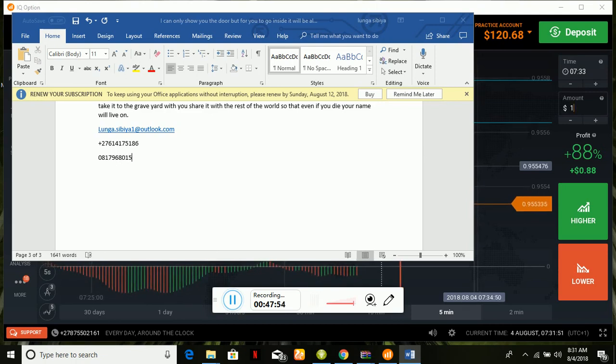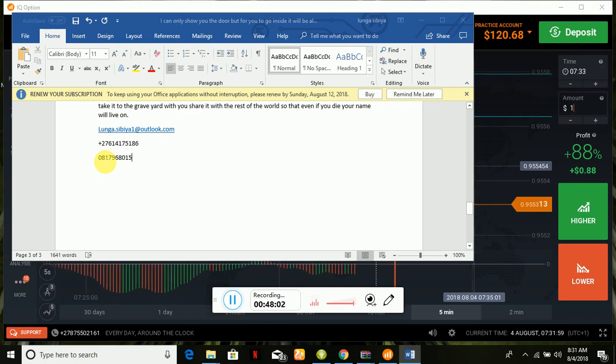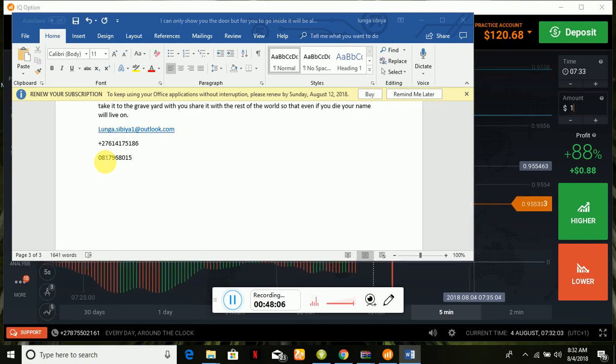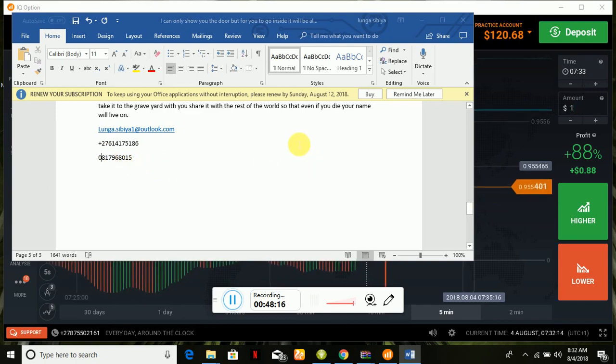That's my second number, but it's not always on. So especially if you wanna call me, but if you are sending me a WhatsApp, you will get a hold of me. But in most cases, it doesn't work. I don't use it. I only use it for data and for taking WhatsApp texts.